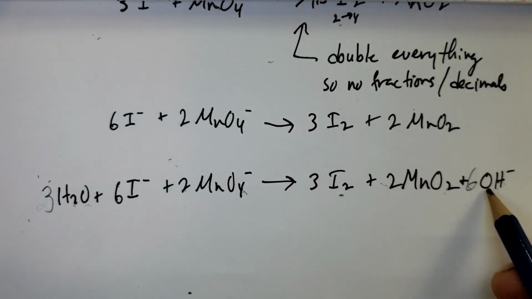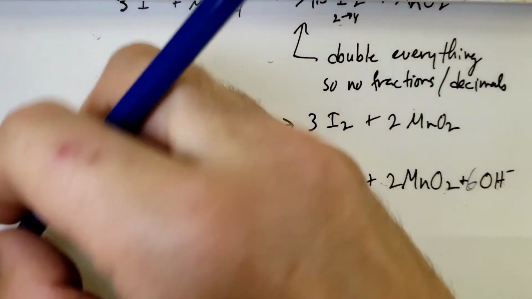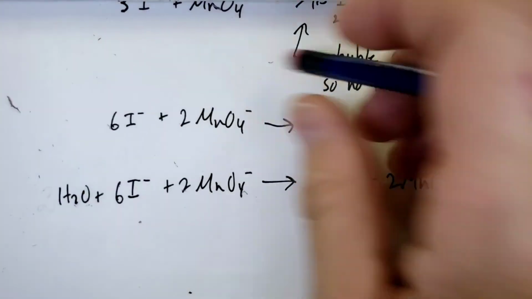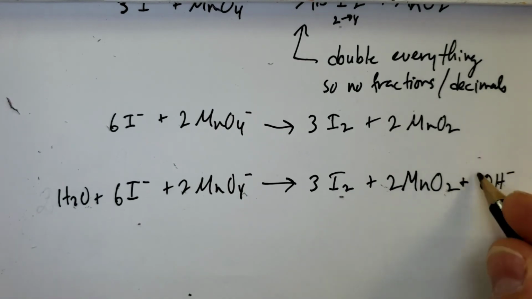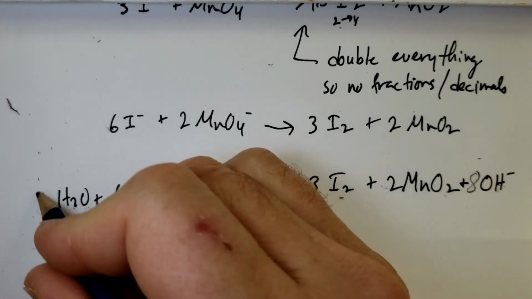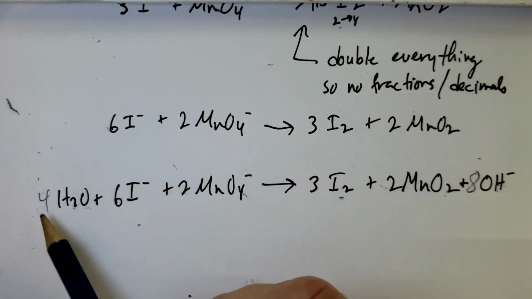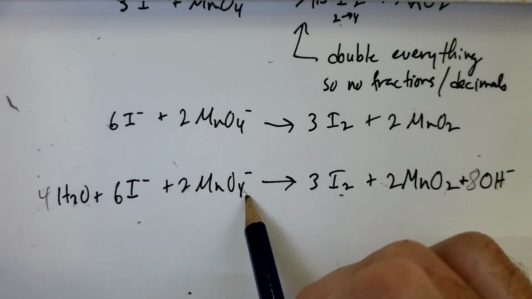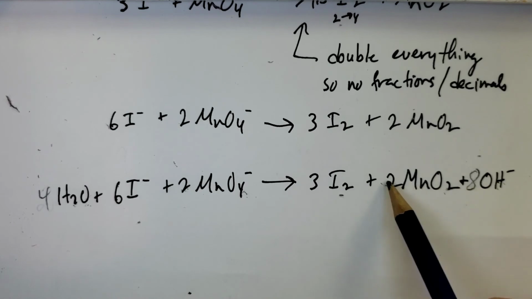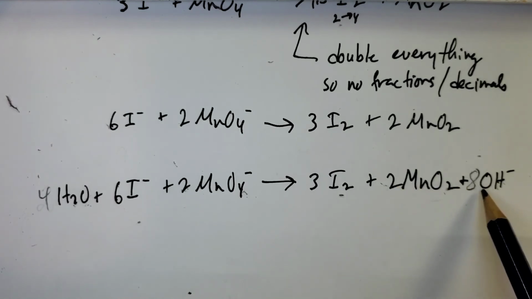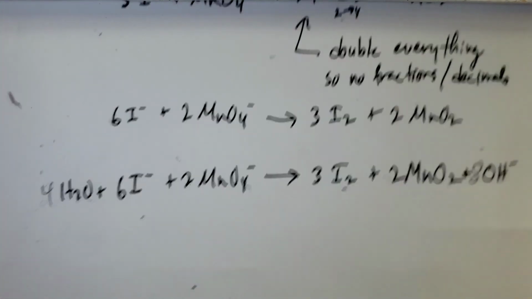And yeah, I'm close here. I have 10 O's. So let's just do that one more time. Go up to 8 maybe this time. 8 H's, 8 H's. 4 O's plus 8 O's is 12 O's. And then here I have 4 O's plus 8 O's is 12 O's. There we go. We got it.